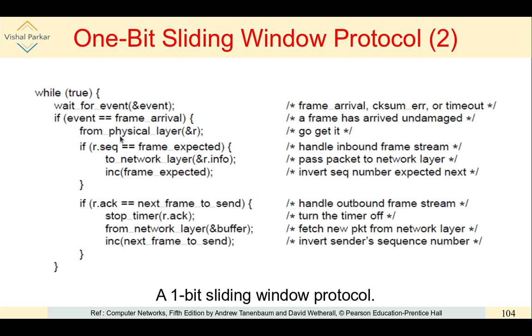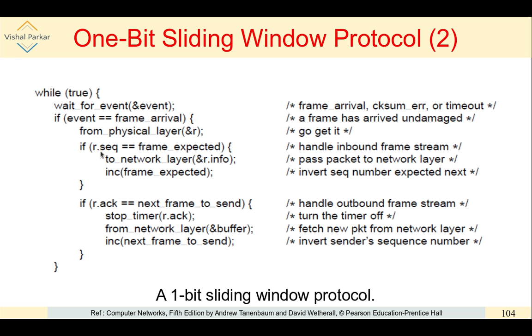So in that case, it will be accepted from the physical layer in a frame variable R, and now the receiver has to check whether the sequence number of the frame is in the sliding window or the receiver sliding window.